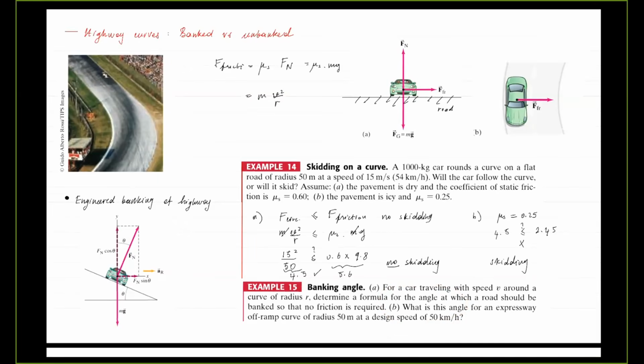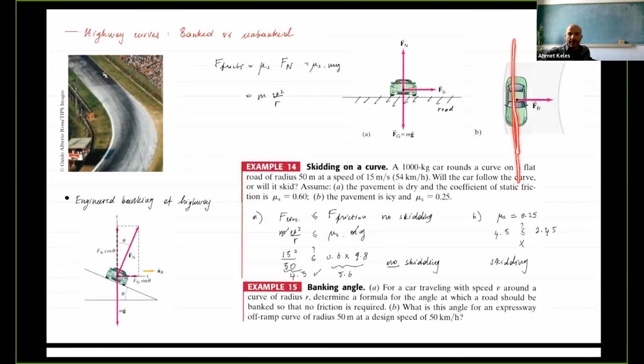Hocam, in the previous example, don't we need the kinetic friction coefficient? The question gives us the static one. Yes. In this case, there are two kinds of motion. If you were to study motion along this direction, you actually need a rolling friction, because your tires are rolling.